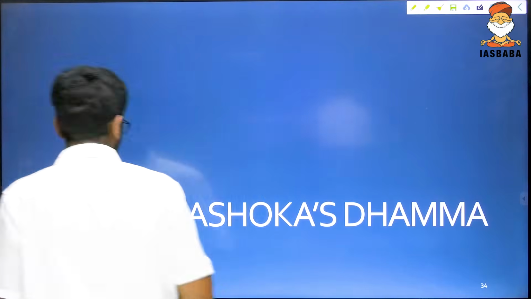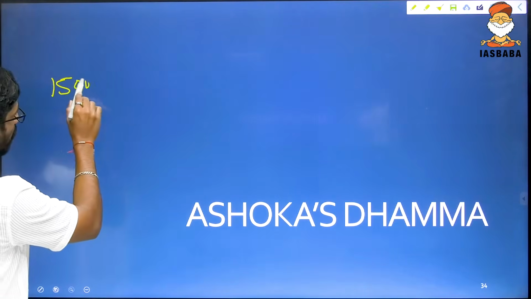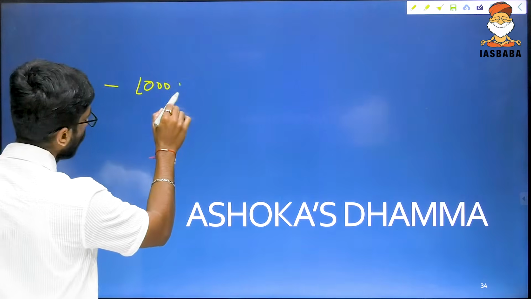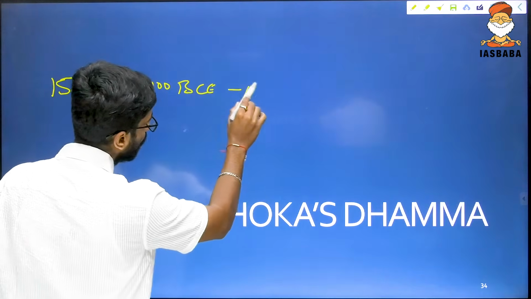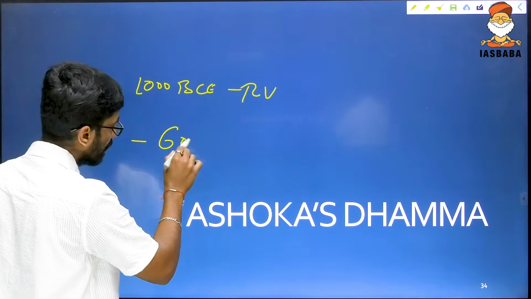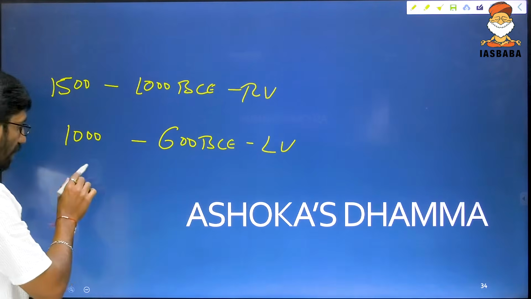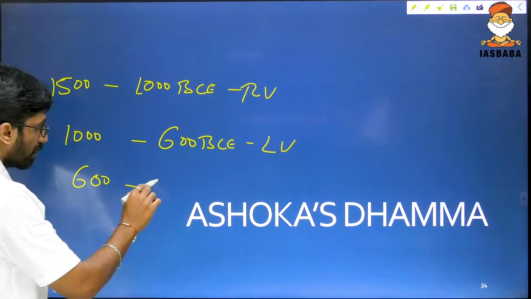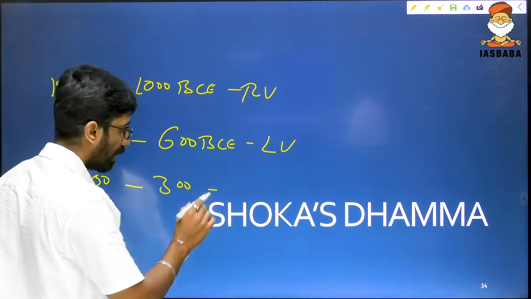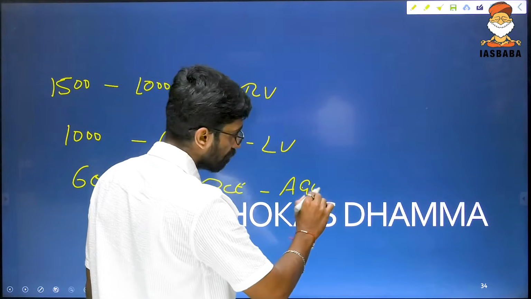When we take the timelines of ancient history, we go back to 1500 BC to 1000 BC. This is our Rigvedic time period, and from 1000 BC to 600 BC, this is our later Vedic time period. From 600 BC to 300 BC, this is our age of Buddha.